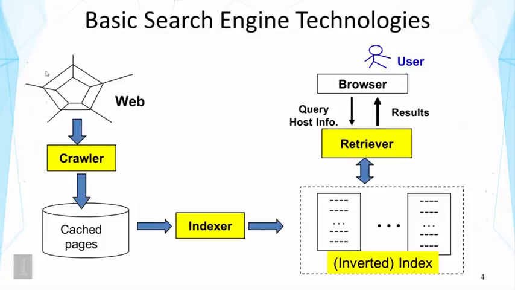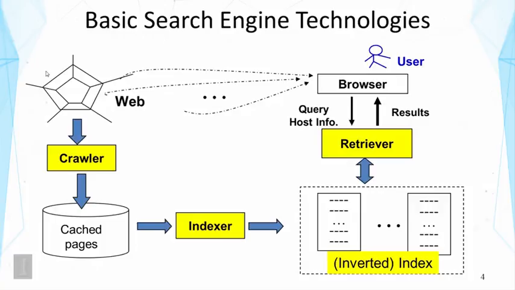The third component is a retriever that would use the inverted index to answer a user's query by talking to the user's browser. And then the search results will be given to the user, and then the browser will show those results and allow the user to interact with the web. So we're going to talk about each of these components.